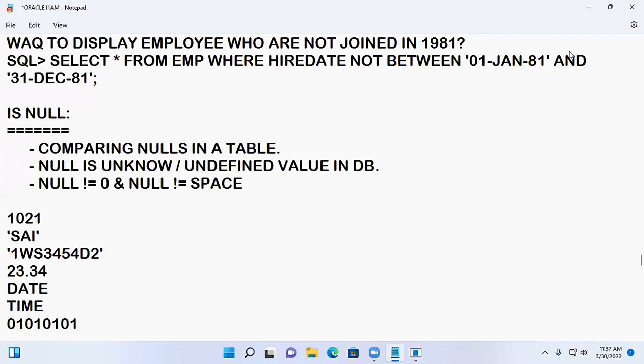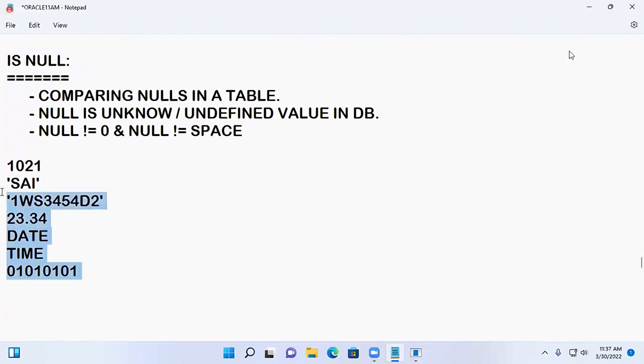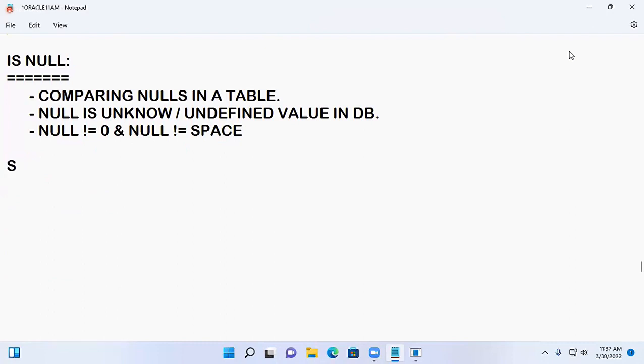So for this kind of values or data that you want to compare, the only option we can use is the IS keyword. We can't use any other operators here. So this is specially designed for nulls when you want to compare. Right, now let me come out and see the syntax of this.